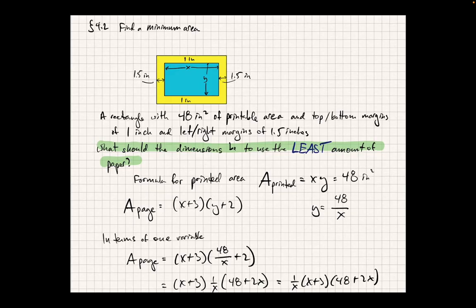No matter what my dimensions are, the margins have to be there. They're trying to figure out what size paper I should be using to have the minimum amount of paper. So what do I have so far, what does it mean, and how do I report my size of paper?